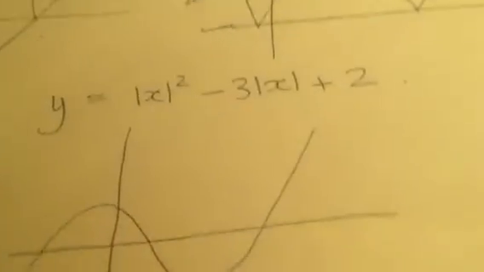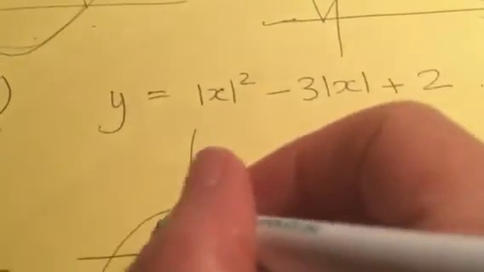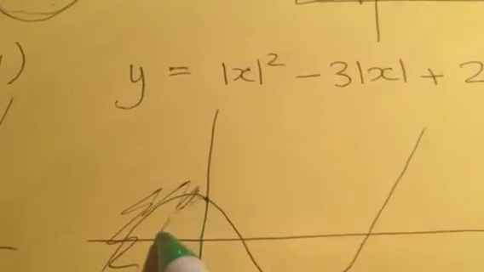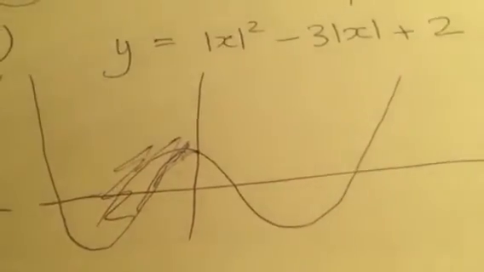But if you're drawing the modulus graph, ignore this bit, don't draw that at all, and then reflect this bit. So if I reflect this bit, it's going to come down and it's going to come up like that. Okay, so you reflect the bit that's on the right of the y-axis across so that it's in the negative part.